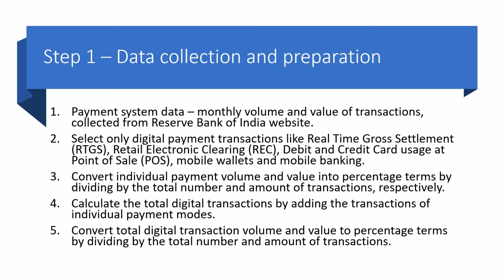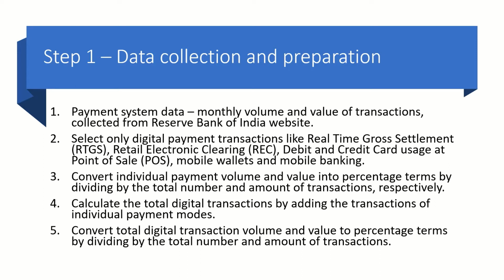The transaction volume and value from individual systems is converted to percentage terms by dividing by the total volume and value respectively. This is used for exploratory data analysis. The total volume and value of digital transactions is calculated by summing up the individual mode-wise volume and values. This is also converted to percentage terms by dividing by the total volume and value of transactions.